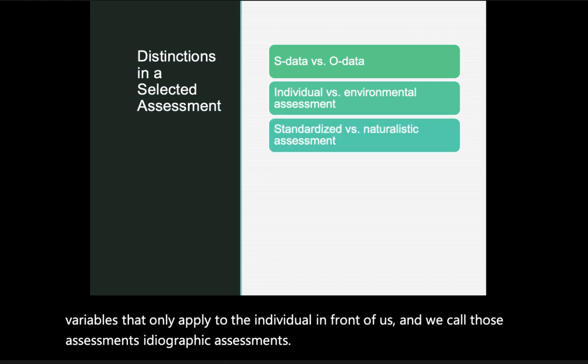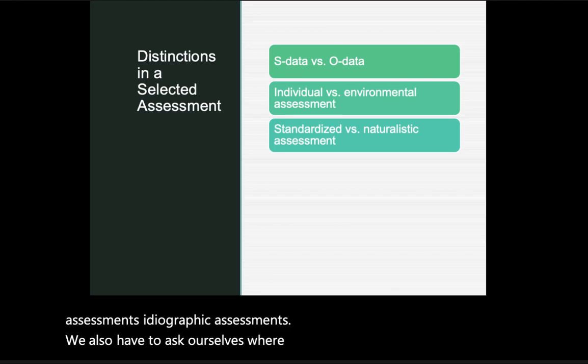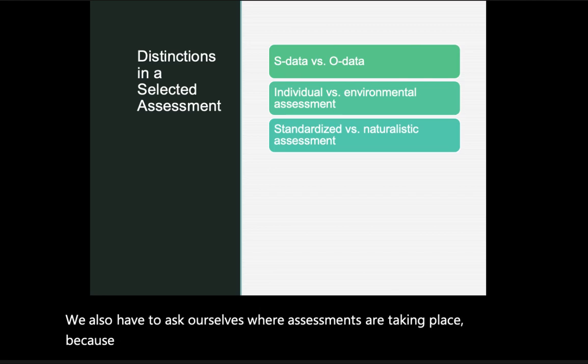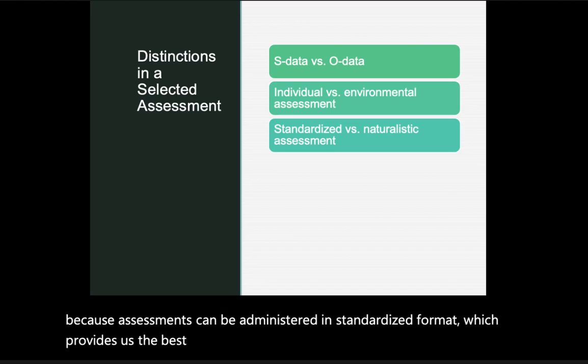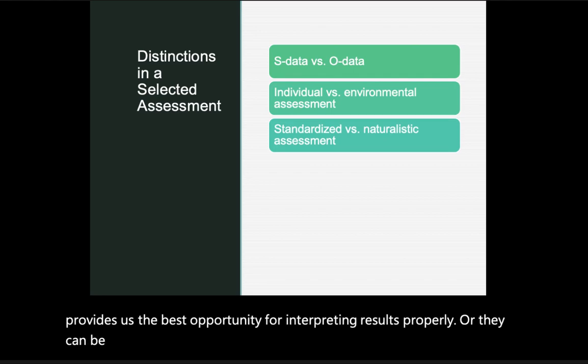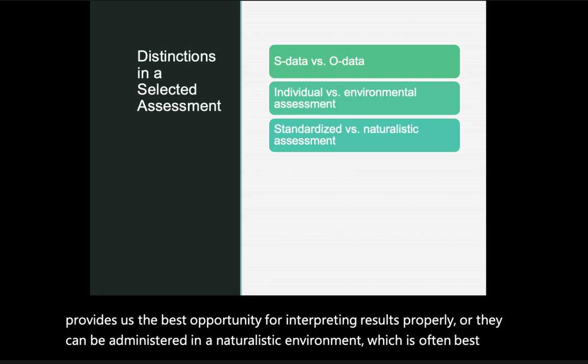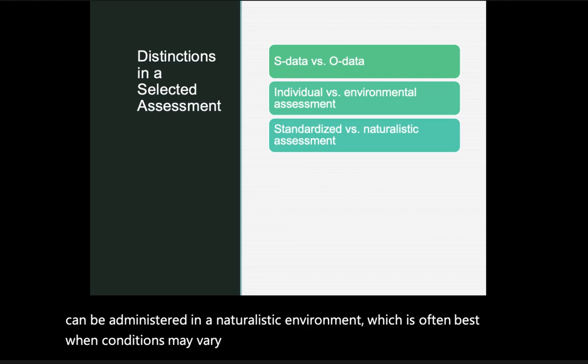We also have to ask ourselves where assessments are taking place, because assessments can be administered in standardized format, which provides us the best opportunity for interpreting results properly, or they can be administered in a naturalistic environment, which is often best when conditions may vary considerably from different individuals, such as employment ratings.